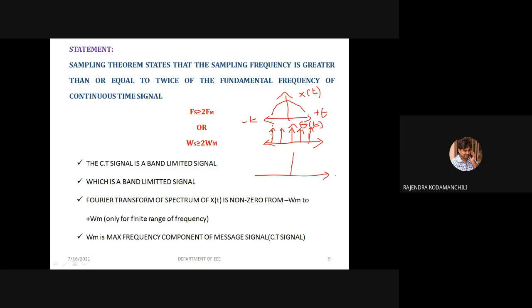It is called n, and minus n, and it is x of n. Now in place of the input signal I consider a dotted line.